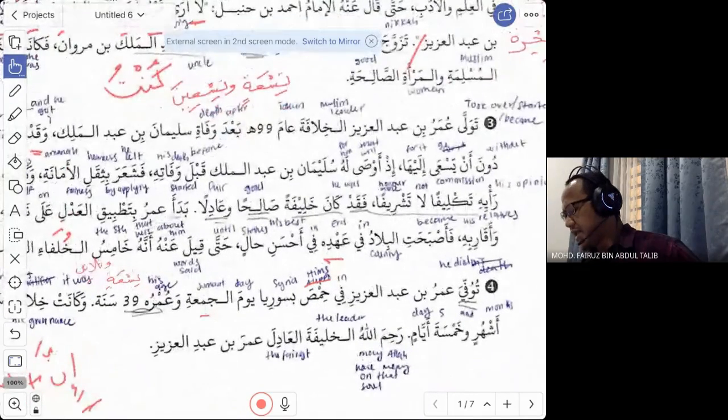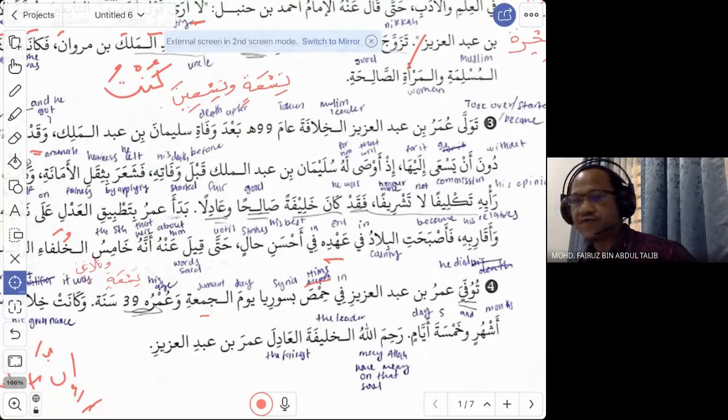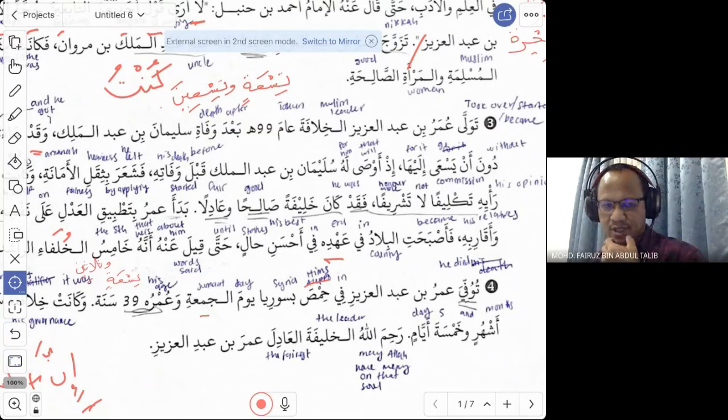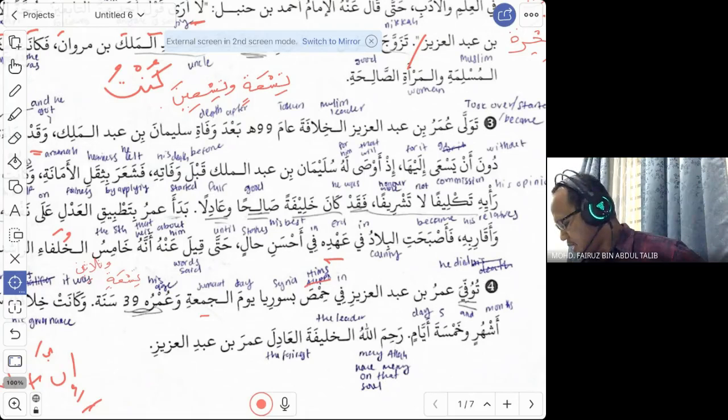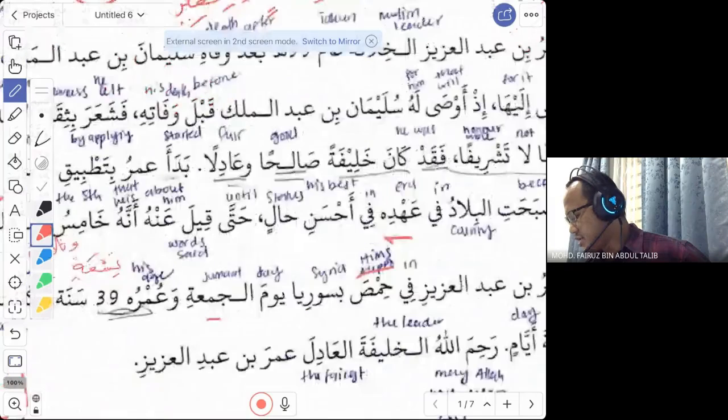So Tuwufiya, died. Yes. So Omar Abdul Aziz, he died. This is the word wafat that we use, that is from this word Tuwufiya. So he died in this place, Hims, or in English they call it Homs. Not Aleppo. Aleppo is another place. Halab is Aleppo. So this is Homs, fi Syria, in Syria. Yaumal Jumu'ah. This word, we don't say Juma'at.